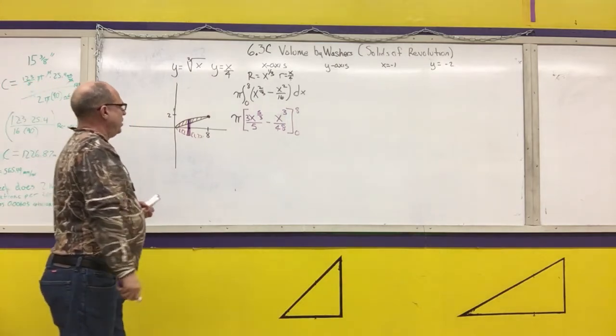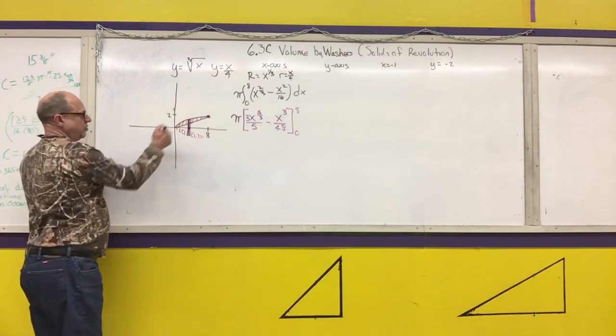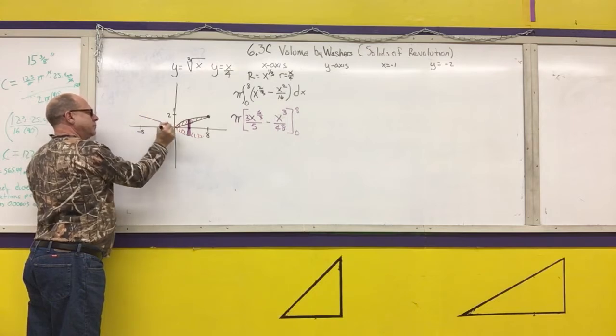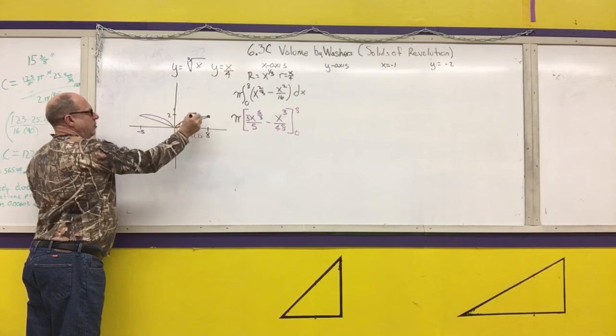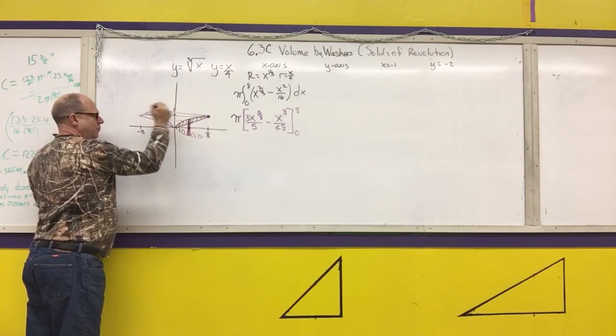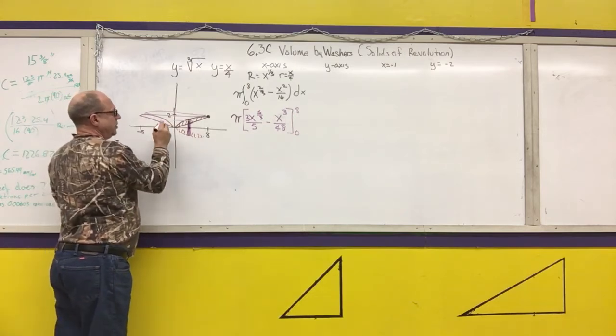Okay, the next one, what I'm going to do is revolve this same original curve about the y-axis. So this is my cross sections. So I'm going to draw an arbitrary cross section.